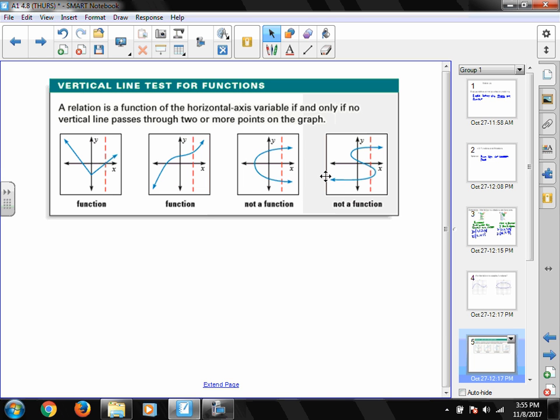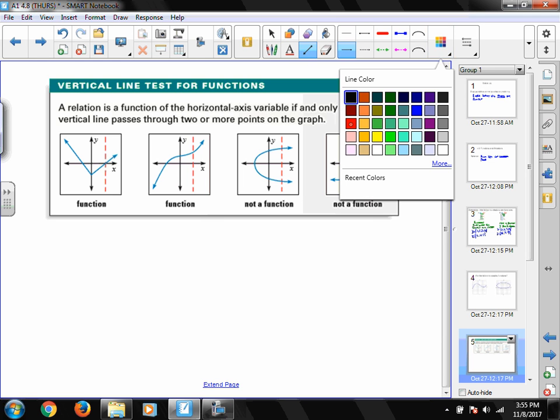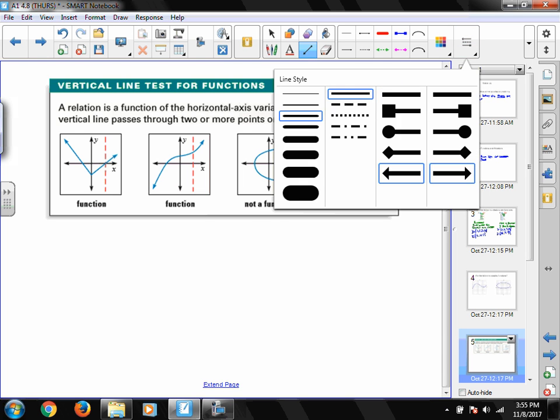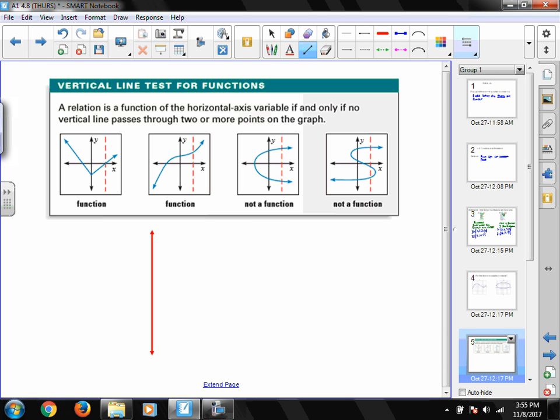If you take a vertical line and you slide it through your graph, if it touches 2 or more points, then it is not going to be a function. So, I'm going to draw a vertical line in red so we can see this nice and easy. It can be any vertical line you want. Your pencil works well for this.